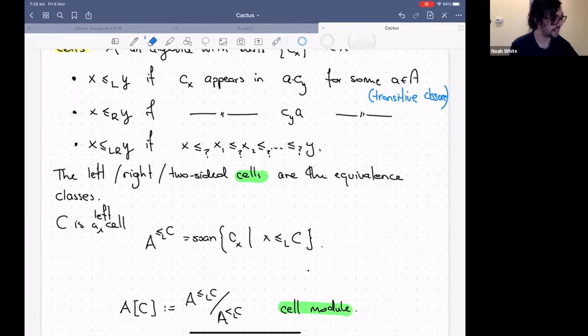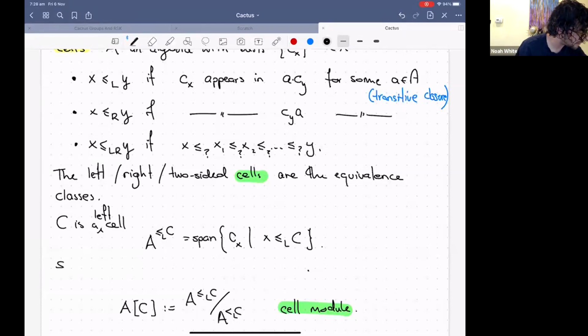You have this ideal, A less than or equal to C, and that's just the span of the basis elements that are less than or equal to C in this left order. That's an ideal because if you multiply the basis element Cx on the left, you're only going to get things smaller in the left order by definition.